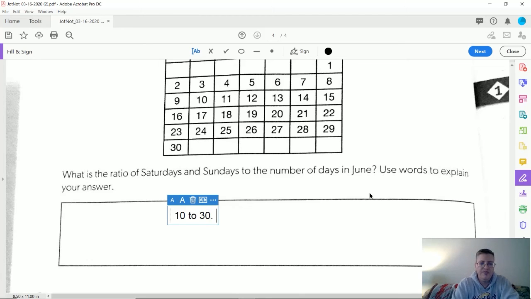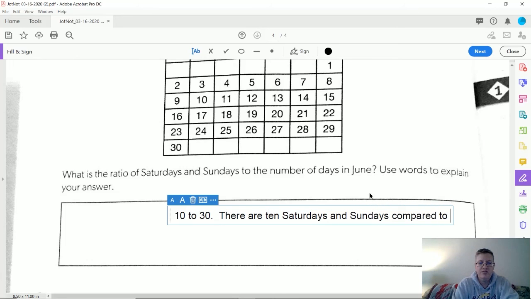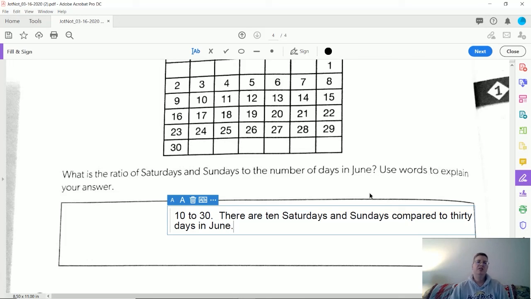And so there are 10 Saturdays and Sundays compared to 30 days in June. So don't have to do anything too complicated.